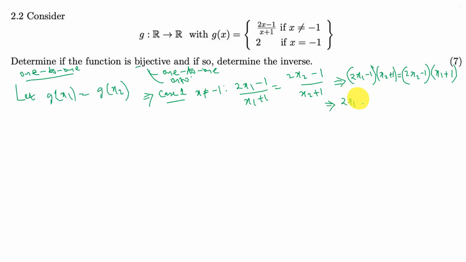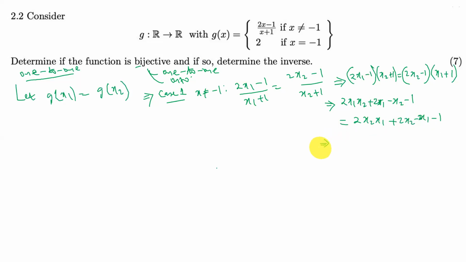It is 2x1 x2 plus 2x1 minus x2 minus 1 is equal to 2x2 x1 plus 2x2 minus x1 minus 1.